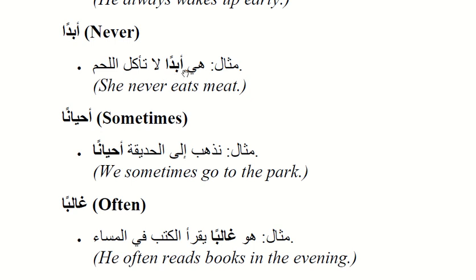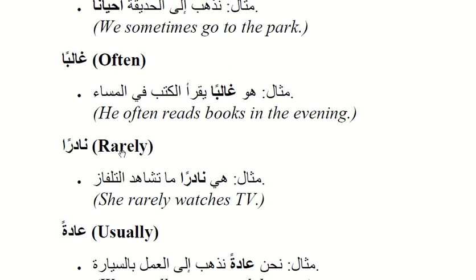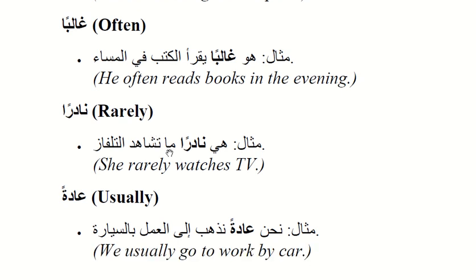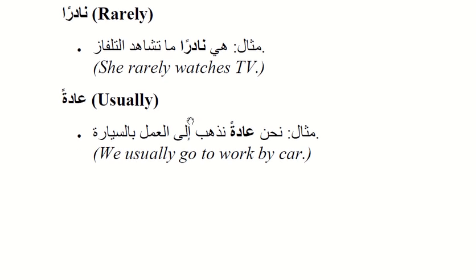We don't say هي أبدا تأكل اللحم. We say هي أبدا لا تأكل اللحم. And the same thing is here, rarely, which means doesn't do it much. So we put ما. We did not say هي نادرا تشاهد التلفاز. We say هي نادرا ما تشاهد التلفاز. Okay, this is just to highlight.